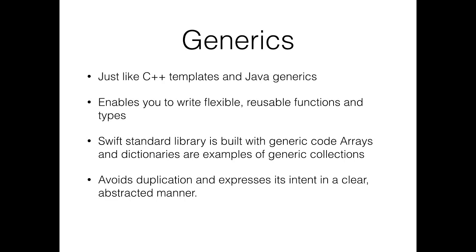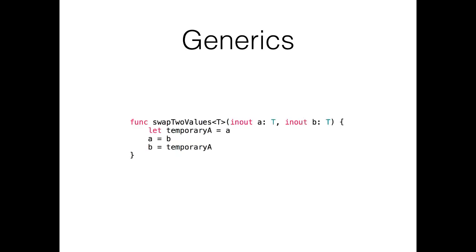One of the examples is generic collections like arrays and dictionaries. Generics basically means that you avoid duplication of functions that have a defined purpose, and you don't need to create a function for every type available in your code, because they can be generic. And this is a nice example of it.